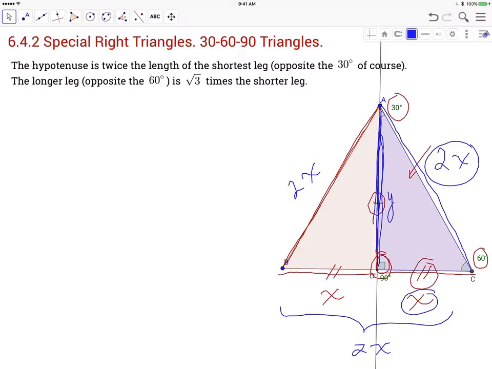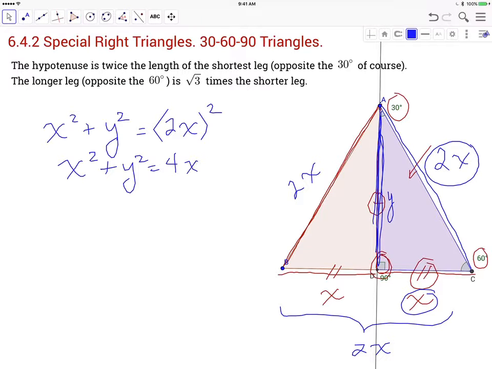Back to the Pythagorean theorem, we know that x squared plus y squared, and just be careful, is (2x) all squared. And that leaves us with x squared plus y squared is equal to 4x squared. So don't forget to square the 2 and the x squared.